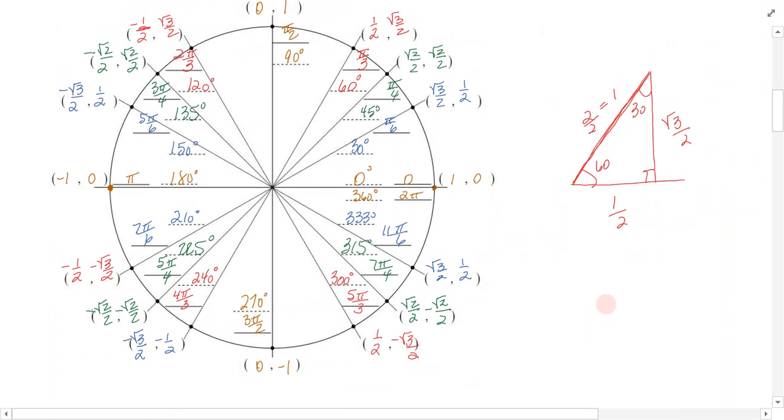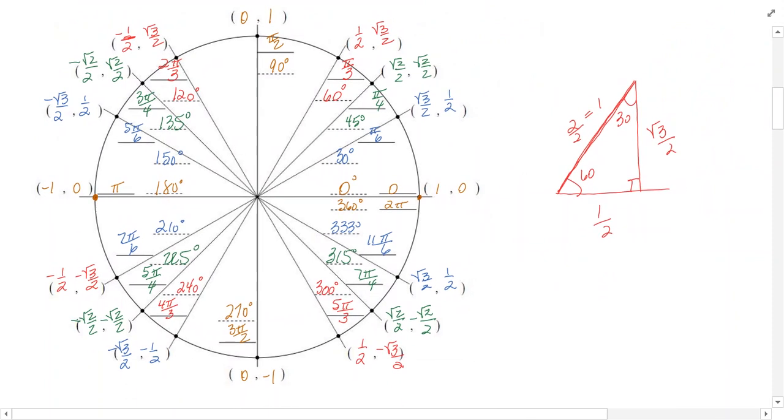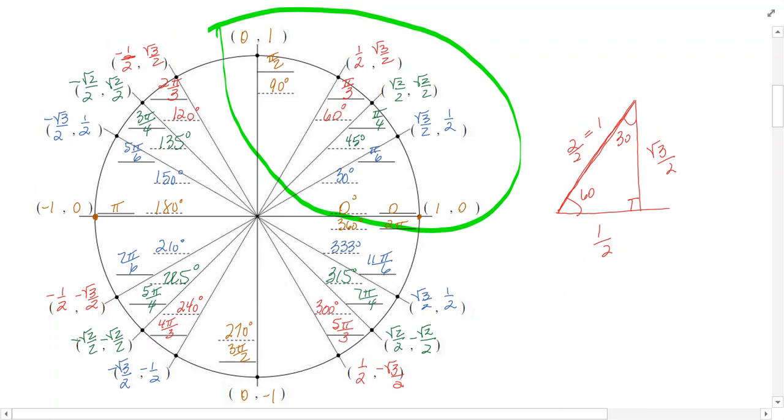So notice that if we can learn the unit circle for the first quadrant, everything else is the same. We know from previous lessons that the sign of our function values depends on where our angle is falling in the coordinate system, quadrants 1, 2, 3, or 4.